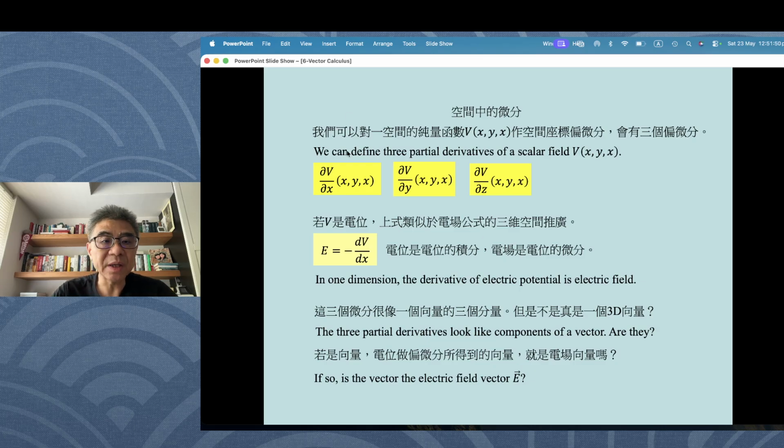And because it depends on the space x, y, and z, this is a vector field, because a vector field means it is a function of the space coordinates, however, the value of the function is a vector.